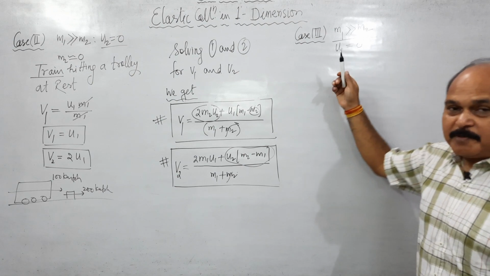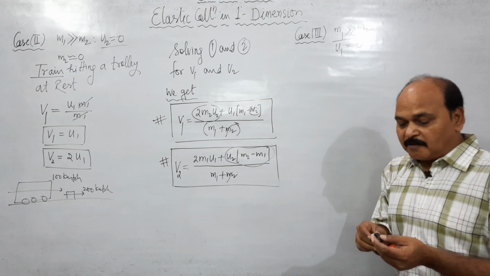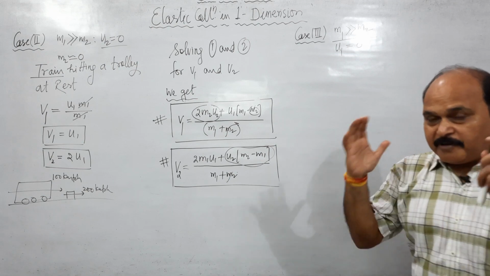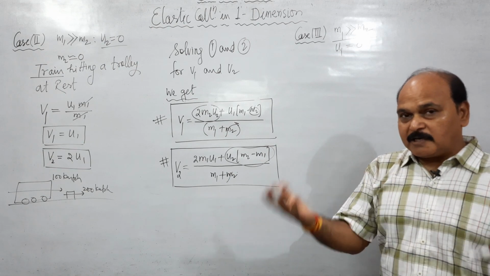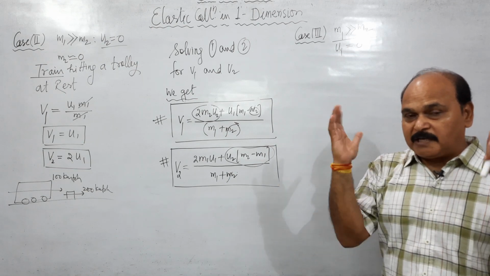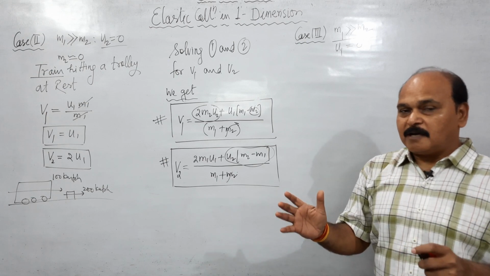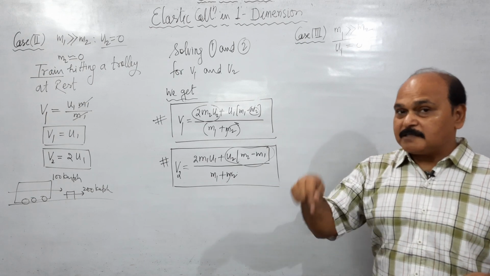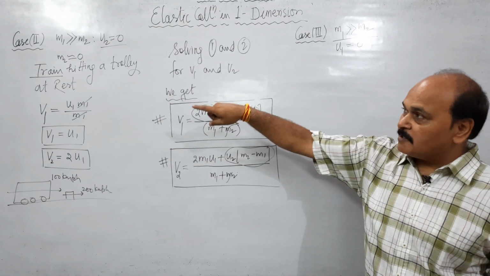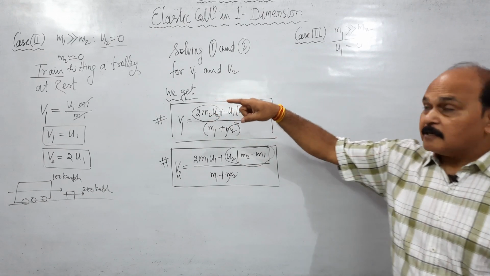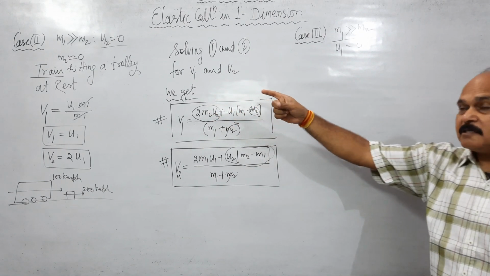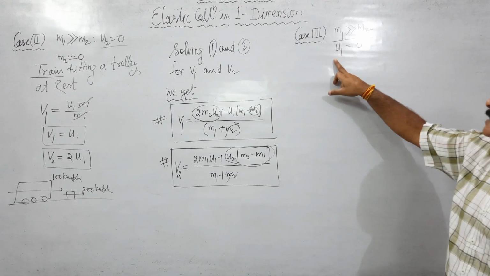The meaning of this statement is that a collision is taking place between a very heavy mass and a light mass, and this time the heavy mass is at rest. In the last situation, the lighter mass was at rest. Now the heavier mass is at rest.